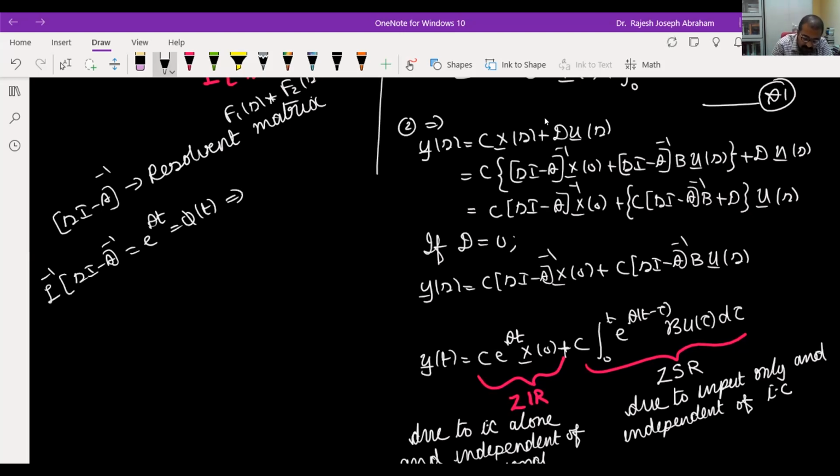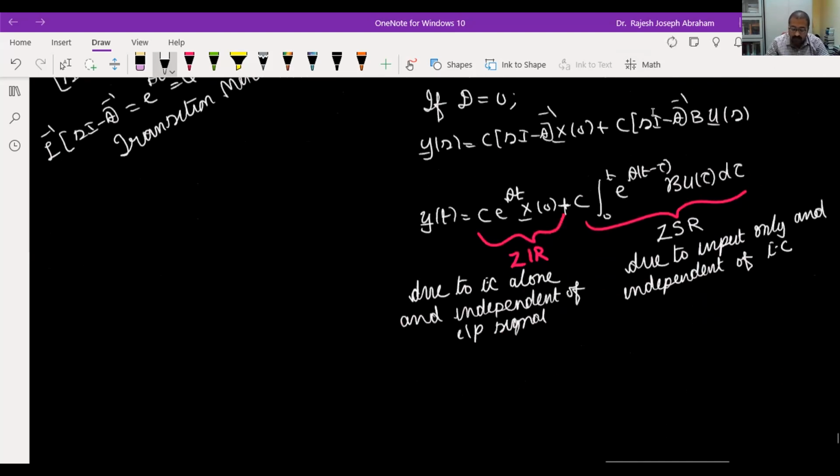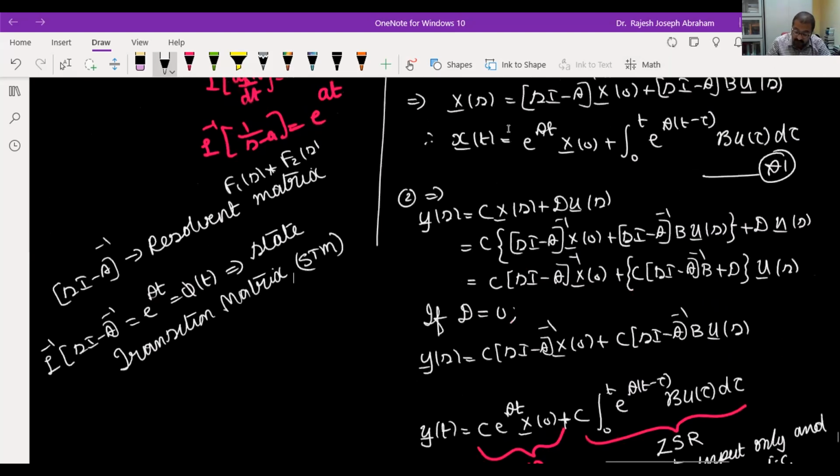That is called the state transition matrix, STM. Once we know the state transition matrix, we can easily find the state at any instant of time t as well as the output.